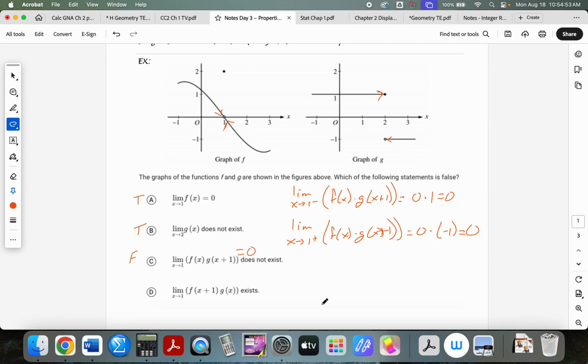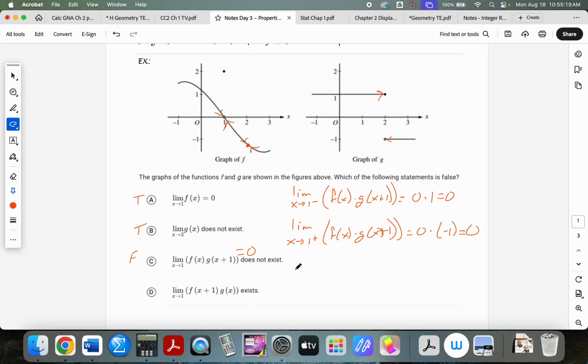Let's real quickly double check by seeing, is D really true? The limit as x approaches 1 of f of x plus 1 times g of x. Well, f of x plus 1, I don't really know what that number is, but it's something less than negative 1, right?